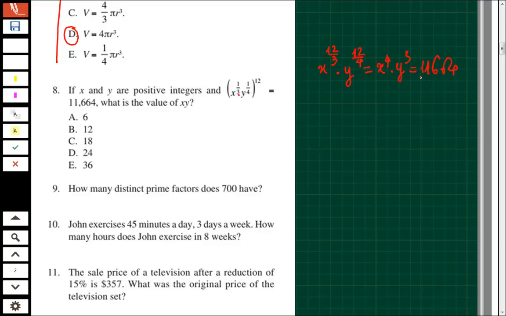I think that we need to factorize this number. We can divide it by number 2 step by step, so many times. For example, we can take 11,664 divided by 4.